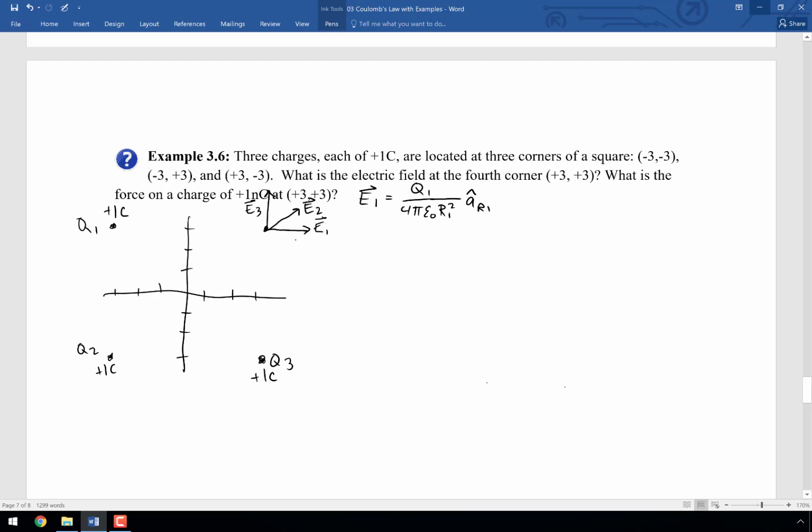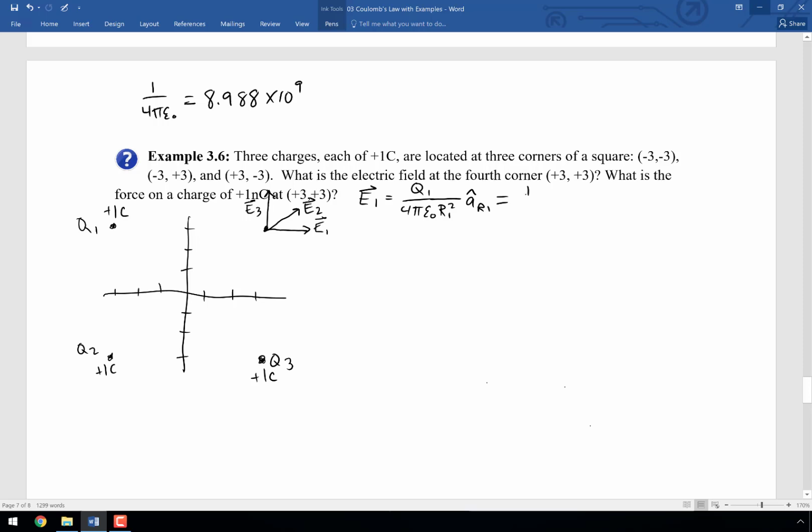Let me just give you one quick insight. 1 over 4 pi epsilon 0 is a constant that you're going to be working with an awful lot. To save you some time, I would just say use 8.988 times 10 to the 9th. Or of course, if you can tolerate just 2 significant figures of precision, then you can say 9 times 10 to the 9th.